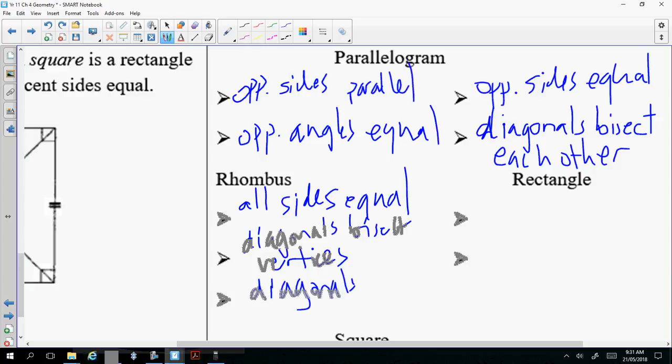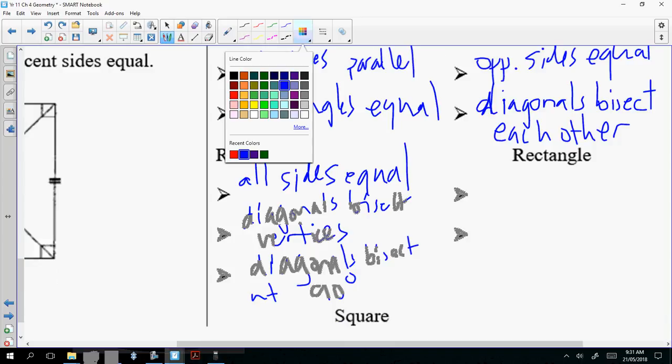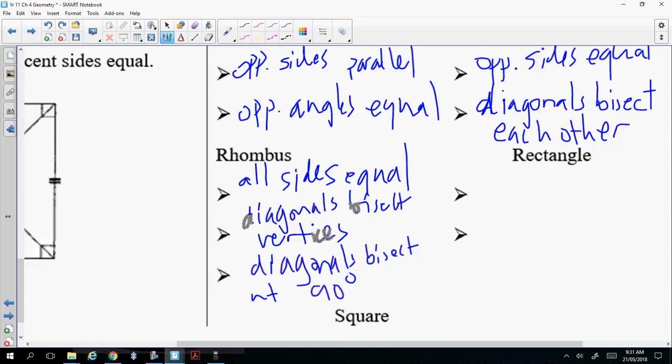So the rhombus has three extra properties plus the four properties above. Four properties of parallelogram plus three. Okay, like that.